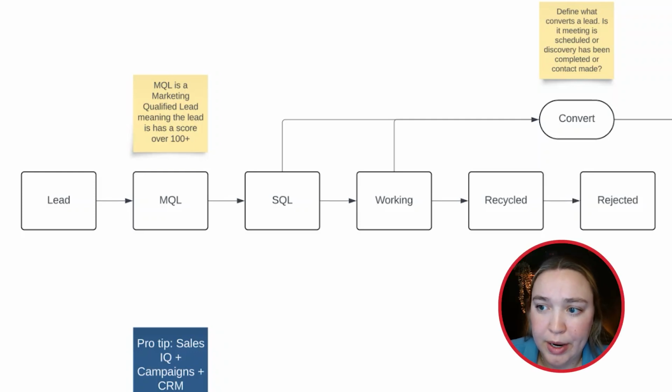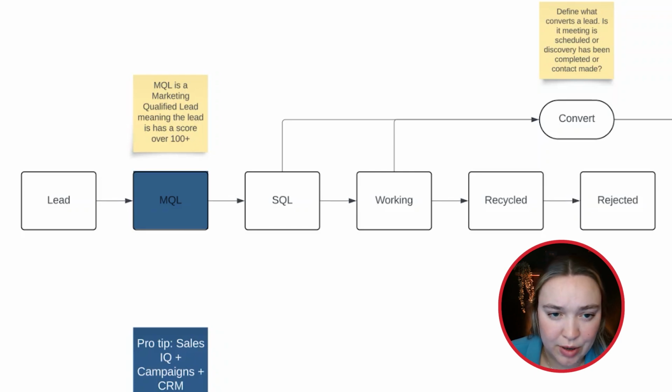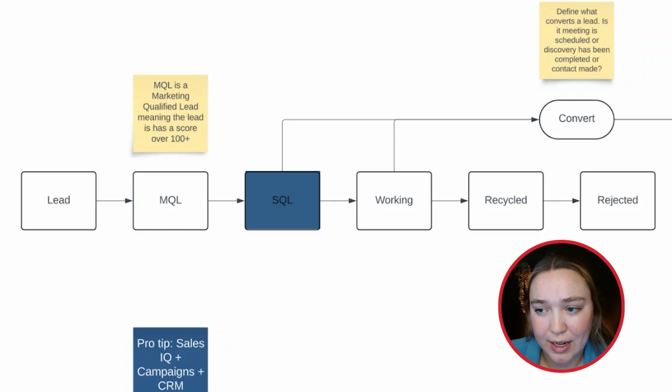For example, the marketing qualified lead can be set up with lead scoring rules that once a lead has a lead scoring rule of over 100, over 50, whatever you want it to be, then it qualifies to be a marketing qualified lead. And at that point, your sales team will start reaching out to them. And then once they have qualified that marketing qualified lead, it becomes a sales qualified lead.